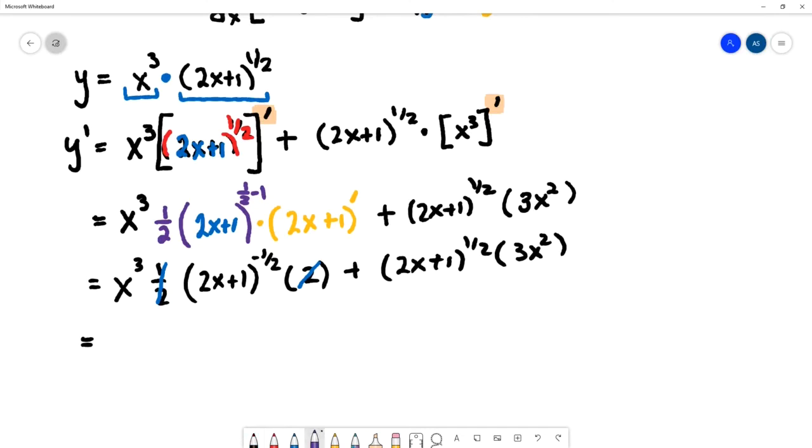I have x cubed and x squared, so I can factor out an x squared. I also have 2x plus 1 to a power and 2x plus 1 to a power. So if I factor out 2x plus 1, I'm going to factor out the lower power, which is negative 1/2.